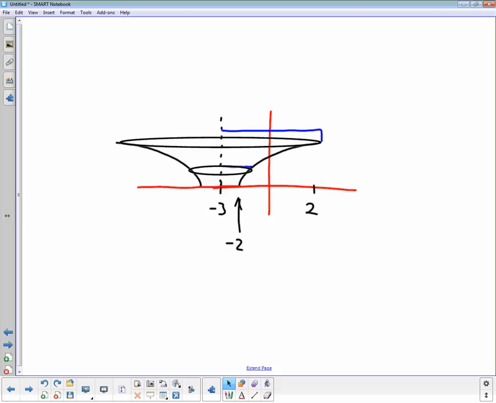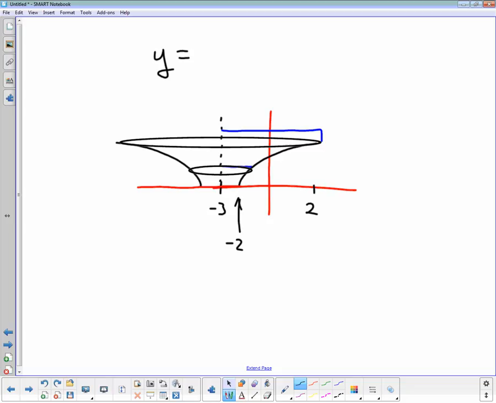Oh, you know why I'm having a problem with it? Because I'm revolving it about, this looks like I'm revolving it about y, so we have to change my function. That's why I'm having an issue.